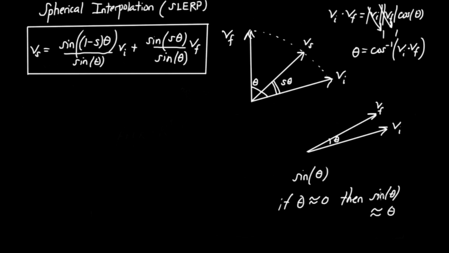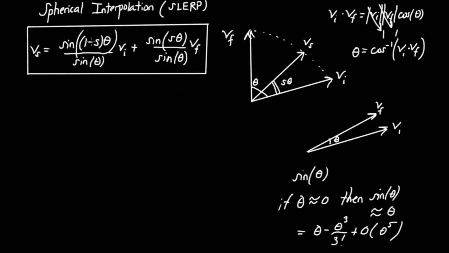Just to remind you, one reason why you can see that this is true: remember the Taylor expansion of the sine function is theta minus theta to the third over 3 factorial, and so on. You have higher order terms here. The small angle approximation just results from taking the first order term only, so that's why you just have the theta there as the small angle approximation.